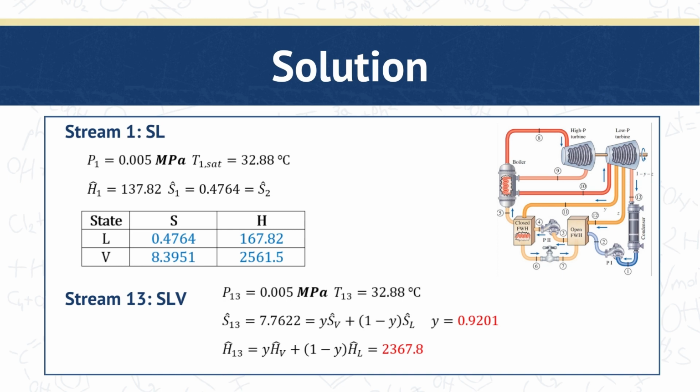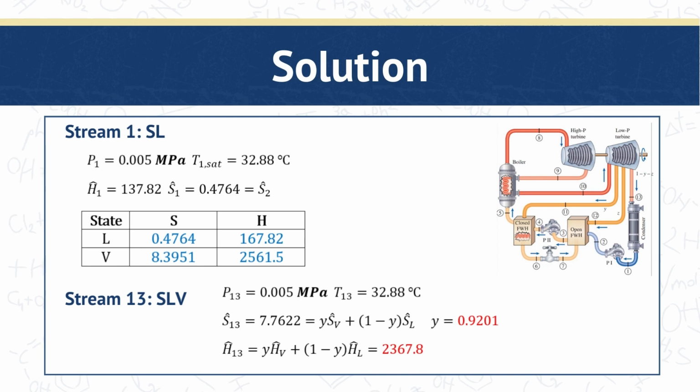We need those values to get the properties for stream 13, which is shown below. So the temperature for stream 13 is also equal to the saturation temperature, as well as the pressure, because of the process. To get the values, we need to get y, or the vapor quality, which is the relative amount of the gaseous phase.